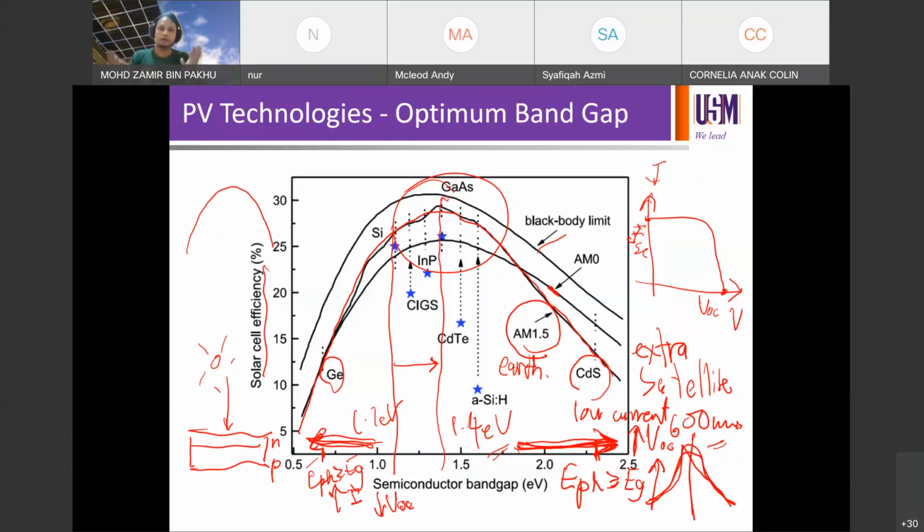So it's a trade-off, and both sides have their own challenges. The best one is in the center where you have high current and decent VOC. That will give you the optimal conversion efficiency of the solar cell. So that's how you can explain this graph.